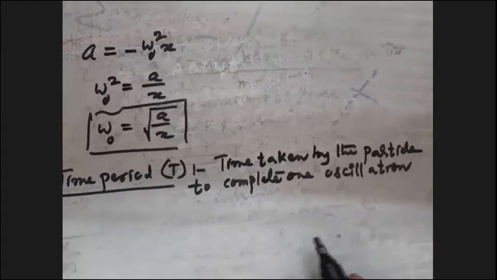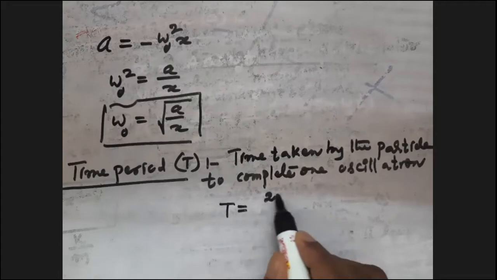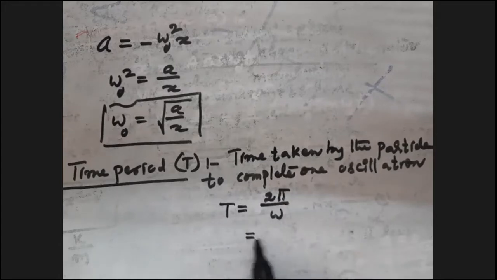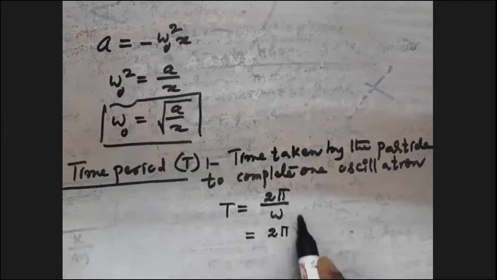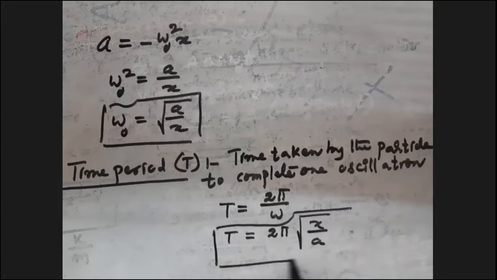Here T and omega are related as T is equal to 2 pi by omega. So from that, T equals 2 pi by root of x by a. This is the expression for the time period of a simple harmonic oscillator.